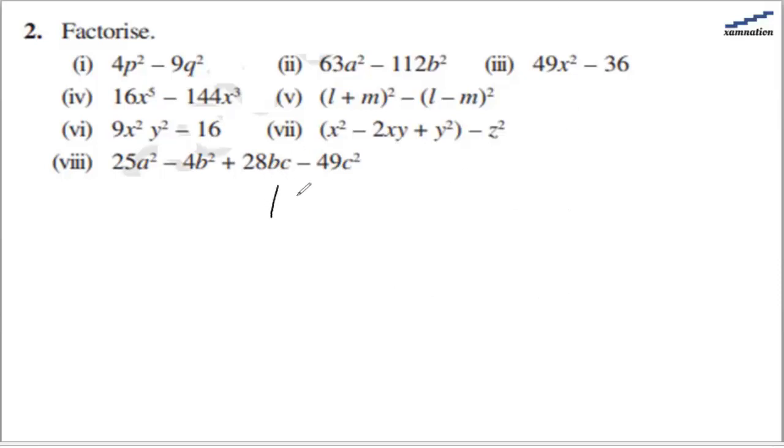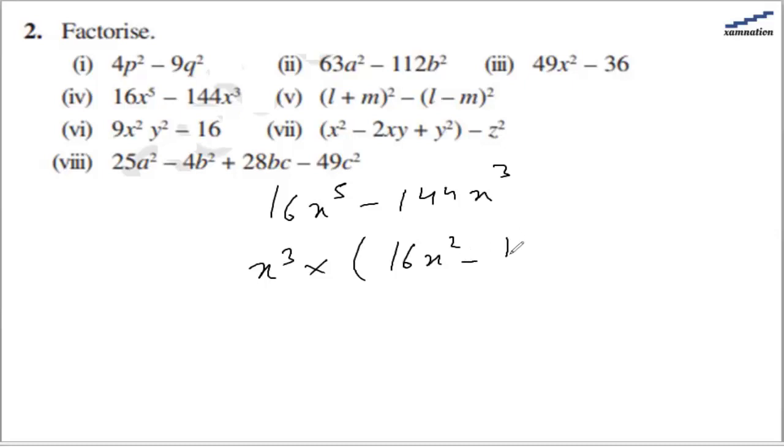For the fourth part, we have 16x raised to power 5 and minus 144x raised to power 3. Let's keep x cubed outside. That will give us 16x square minus 144. So x cubed times 4x whole square minus 12 whole square.